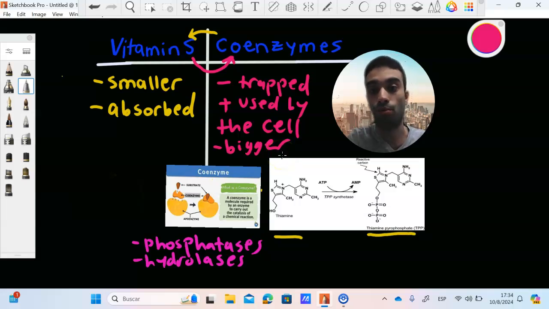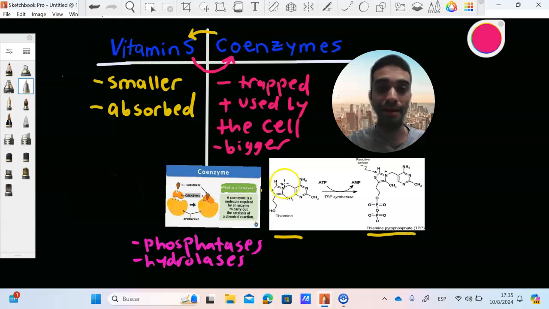They help enzymes work. That's why they're called coenzymes. They can either position the substrate in the proper place, or they can make it more reactive by pulling off hydrogens, so they can increase the reactivity or position it properly so that a reaction will occur. So that the enzyme can actually do its job.